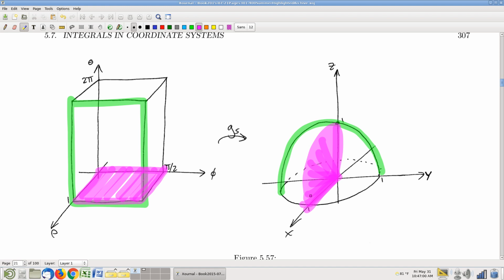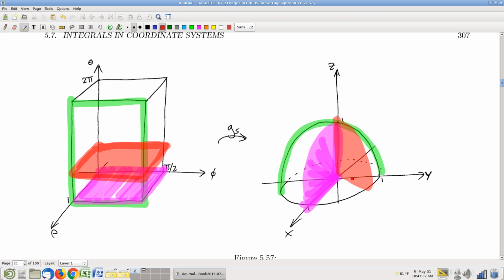And now you can imagine what happens if you move up. It's going to look a lot like that, the same sort of thing, but for a larger value of theta. Now theta has increased a little bit. It's like you've just rotated around the z-axis a little ways.